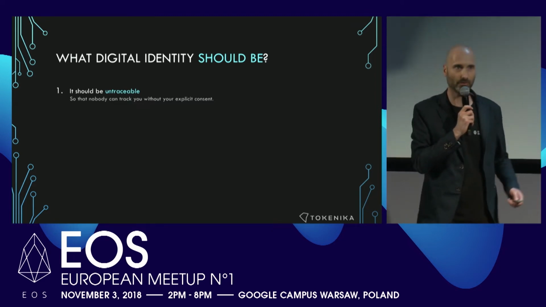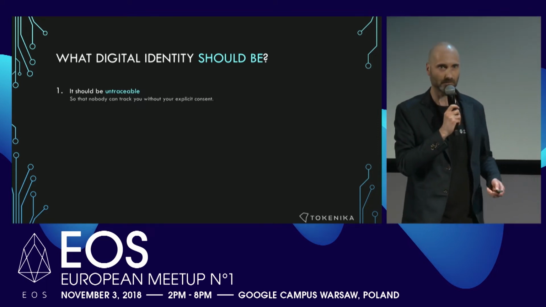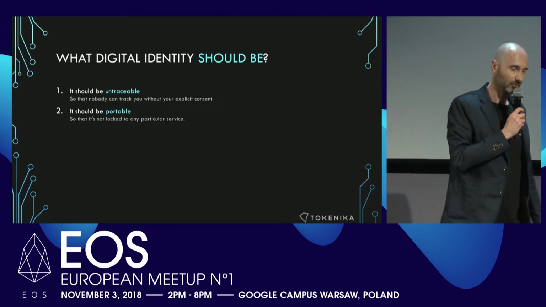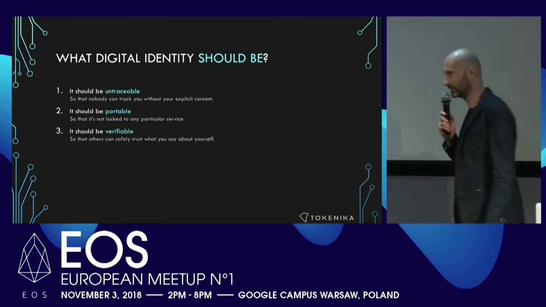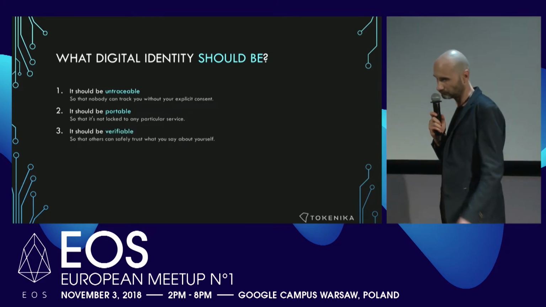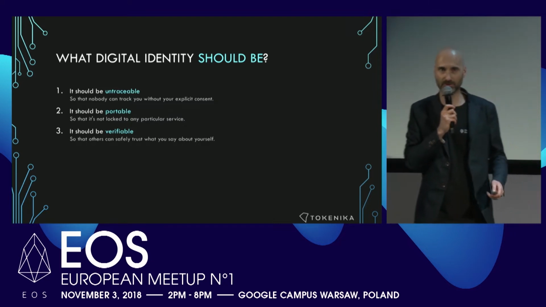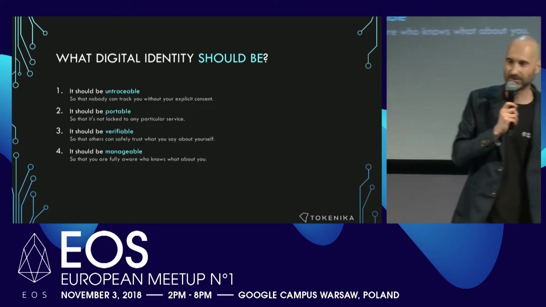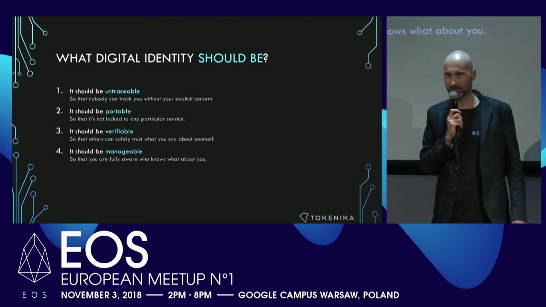User profiling should not be the default. It should require my consent. Identity should be portable, so it's not locked into any particular service. It should be verifiable, so anyone can trust that what I say about myself is true. And it should be manageable, so I should know who knows what about me.